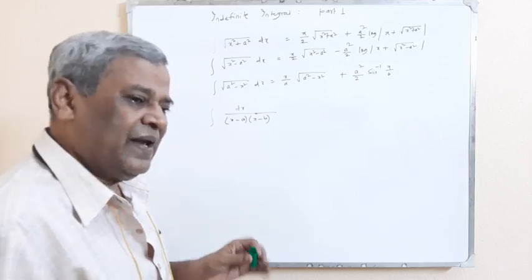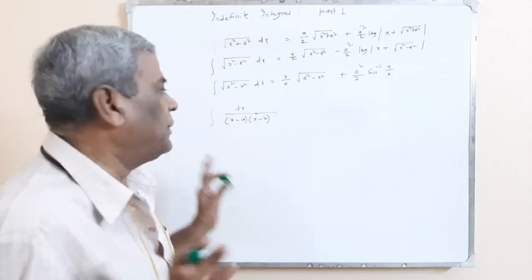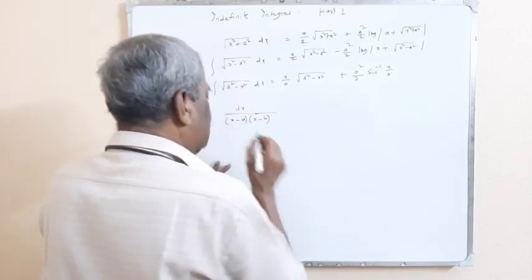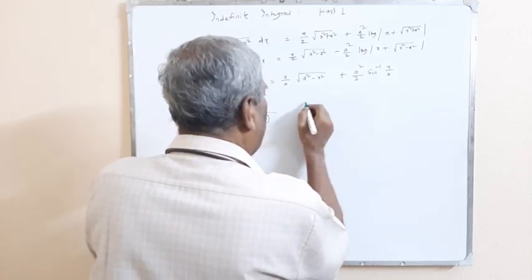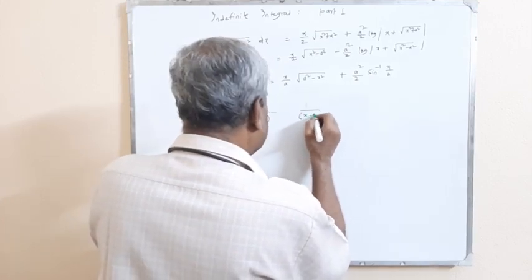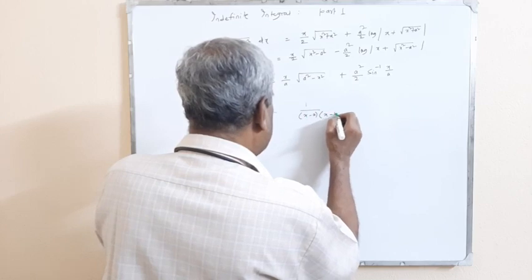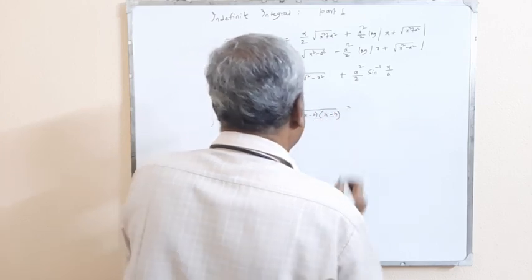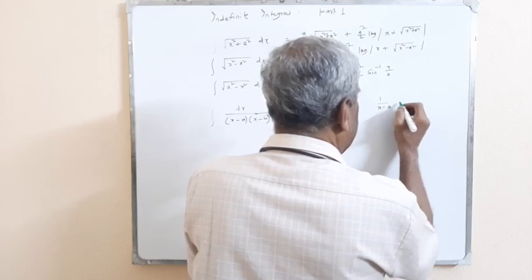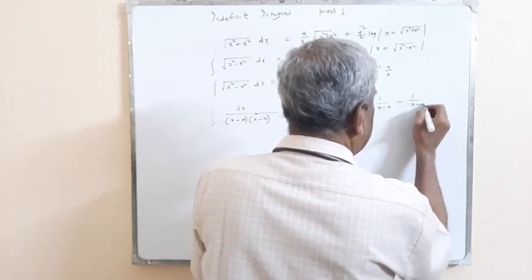It has a straight cut method, but here you see this can be written as 1 upon x minus a into x minus b equals 1 upon x minus a minus 1 upon x minus b, adjusted by a constant.